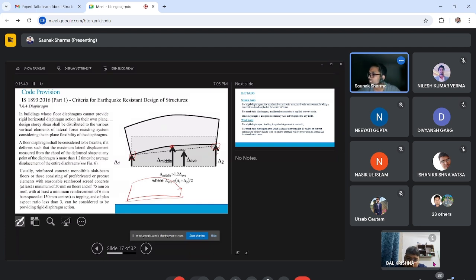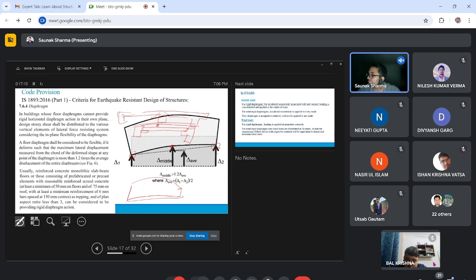What it is saying is that for monolithic casting, generally for residential concrete buildings we do monolithic casting, where beam and slab are cast monolithically. We can consider this a rigid diaphragm. For precast, we give a nib or something like that in the structure. We apply precast slab here, and we have to do topping for finishing.